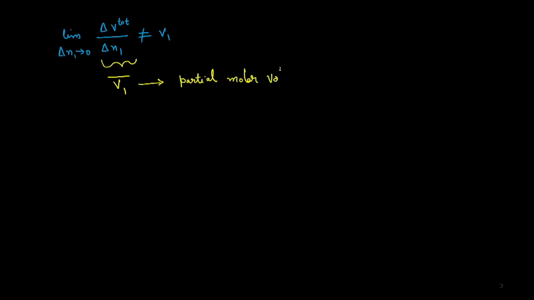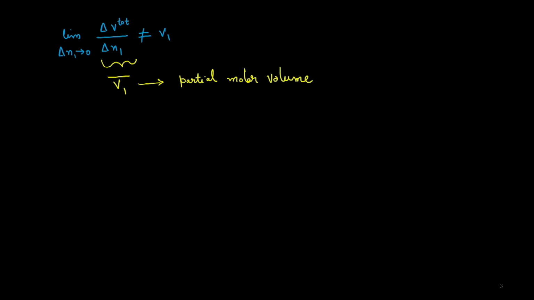This change, in the limit of delta N1 going to 0, delta V total over delta N1 is not equal to V1 in this scenario. So we will give this particular limit a name. We will call it V1 over bar, and we call it partial molar volume.